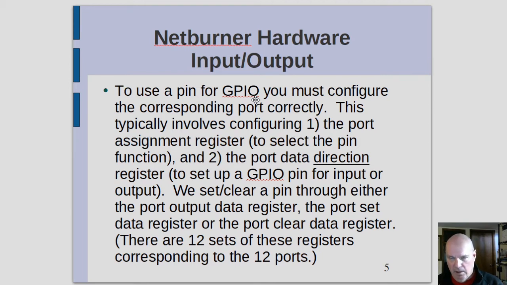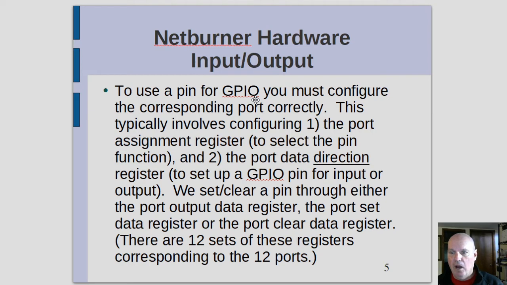But in the low-level approach, you have to configure the port correctly. That typically involves writing to the port assignment register to select the pen function, whether it's used for general purpose I/O or some other function.